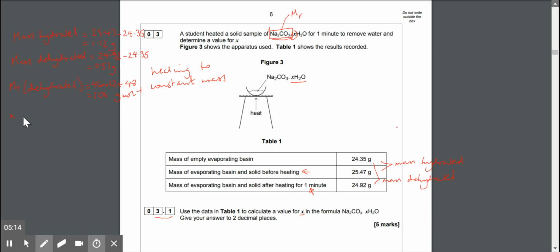Okay, so moles of dehydrated. So moles equals mass over MR. Mass is 0.57. And the MR we just worked out, 106. And so that comes out at 5.377 times 10 to the minus 3.